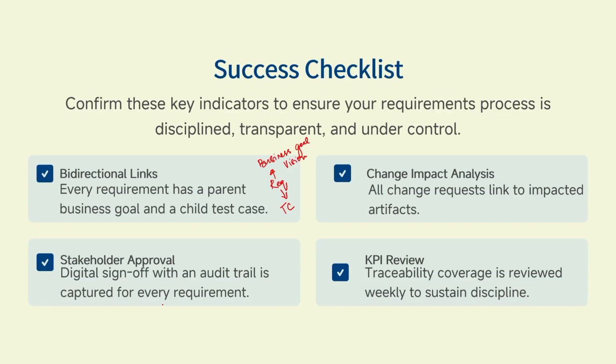Second is stakeholder approval. So when there is a change in requirement, we have to make sure there is a digital audit trail, so that whatever changes in requirements are stated by the stakeholder are carefully written with the timestamp and their corresponding digital signature. Okay, and to which release, to which version they want this change in requirement.